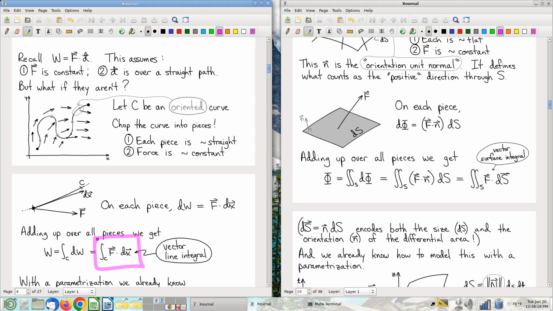For one thing, it matters which direction we're going. So, for example, I have to say what is the direction that we're moving along that curve. Said differently, it has to be an oriented curve because the direction matters. And so that's why we had to come back down here and confess that this is actually a pretty different construction. We called it a vector line integral as opposed to scalar line integral in recognition that the orientation matters.